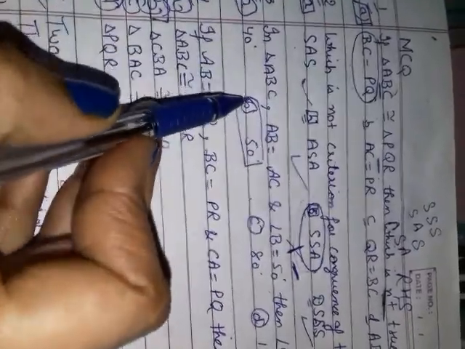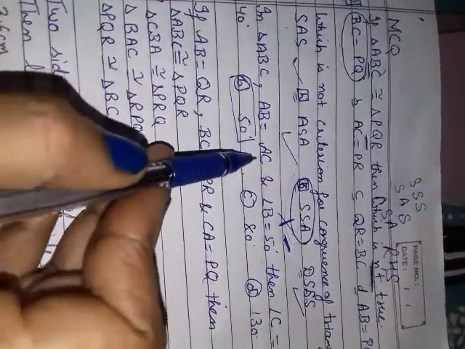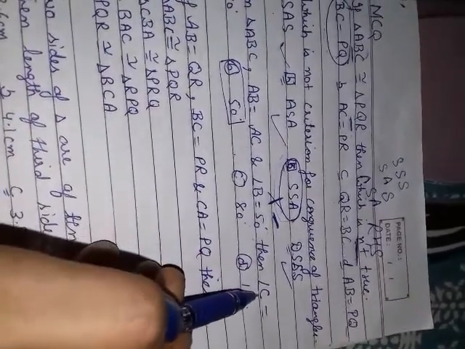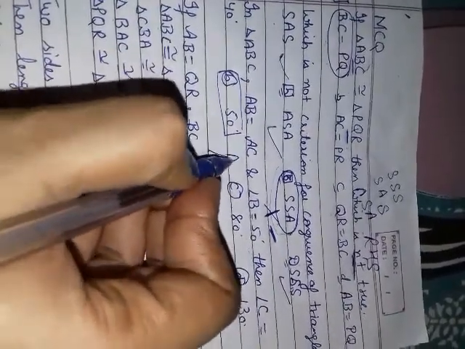Next is, in triangle ABC, AB is equal to AC, and angle B is 50, then you have to find angle C. In triangle ABC, side AB and side AC are both given equal. What is the opposite angle of AB?